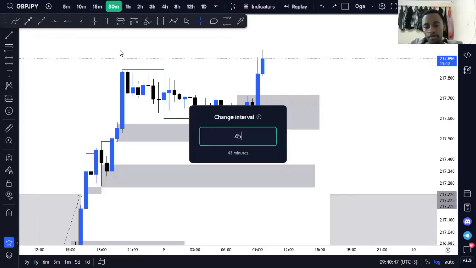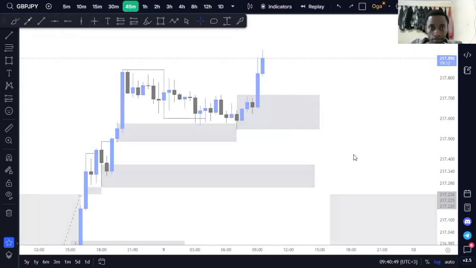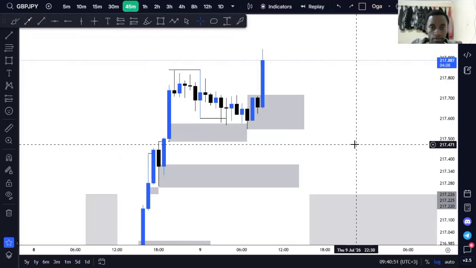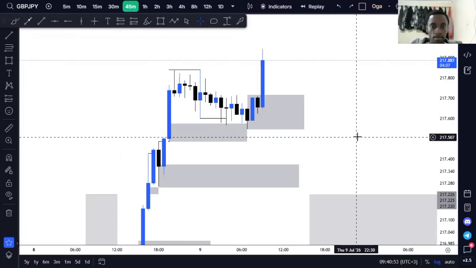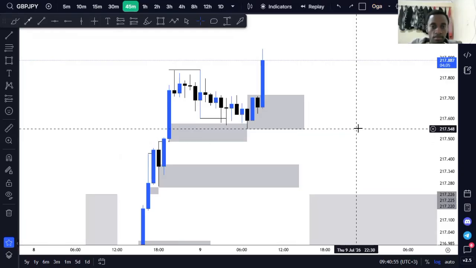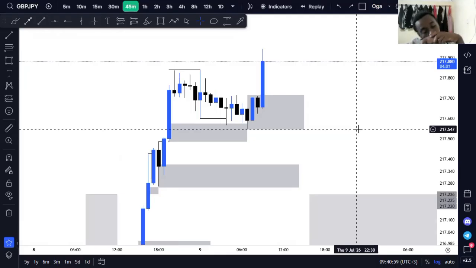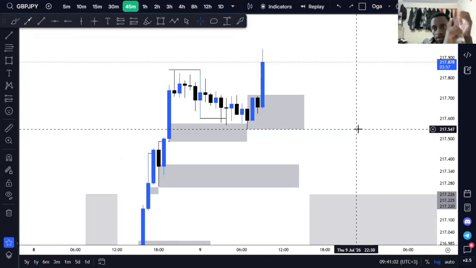Let me check on 45. So nice, so nice, so nice. I'm pretty sure we're going to have a pullback during London session or New York today, but I don't know which area is going to hold.